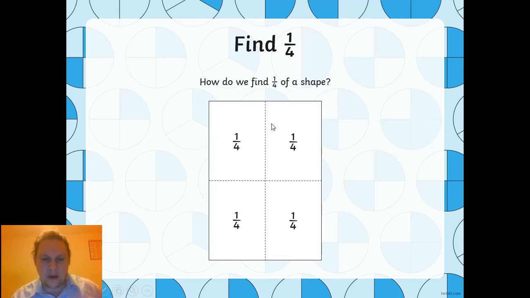Well, we're going to halve them again, down the middle as well. Now, if we halve and halve again, we get quarters. We go from having halves, divided in half, and then we divide that in half again. We end up with quarters. So we can make quarters by halving and then halving again.